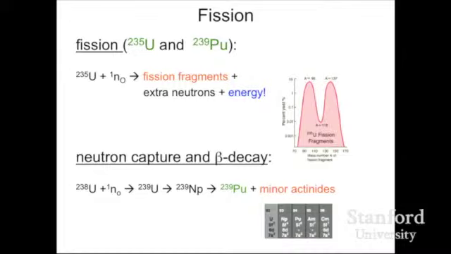Then these slow-moving neutrons can continue in a chain reaction to fission the uranium-235, and that fission event, by the conversion of a little bit of mass to energy, releases 200 million electron volts per event. So it's huge for each fission event as compared to the combustion of carbon fuels. This is what most people are familiar with in terms of fission reactions.